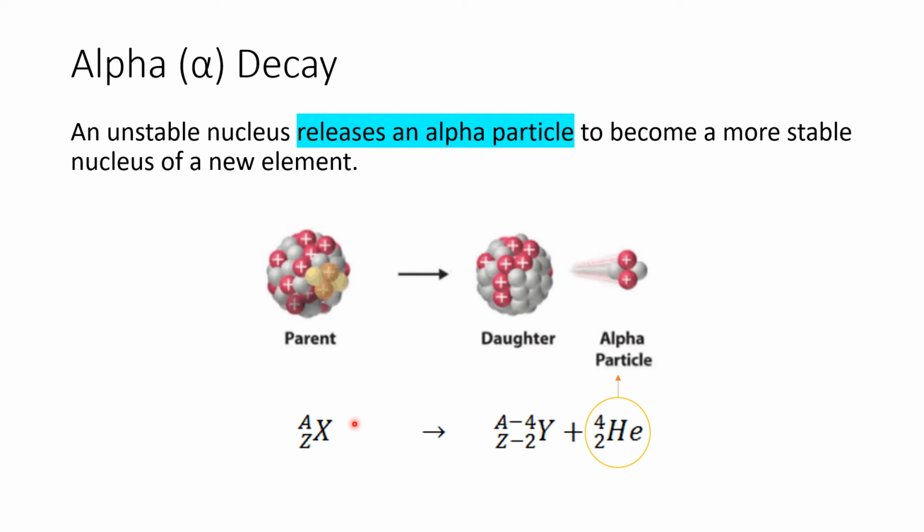Here, the parent nucleus has a nucleon number A and a proton number Z. So, after the decay process, the daughter has nucleon number A minus 4 and the proton number Z minus 2, since the alpha particle has been separated from the daughter nucleus. Hence, we can say that the equation is balanced, which the value of the left side is equal with the right side.